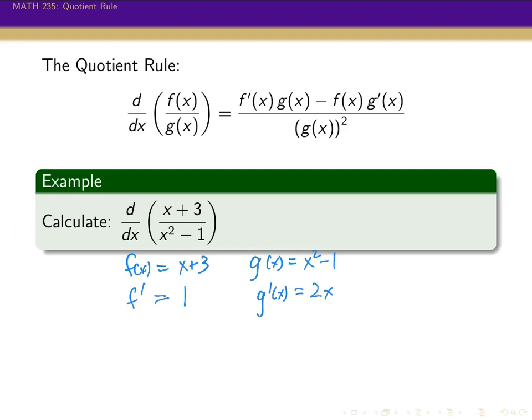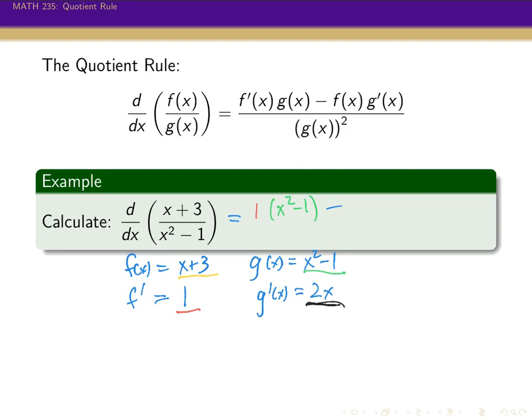So applying the quotient rule, I can just follow this from above. So it is f prime times g. So this would be 1 times x squared minus 1, minus f times g prime.